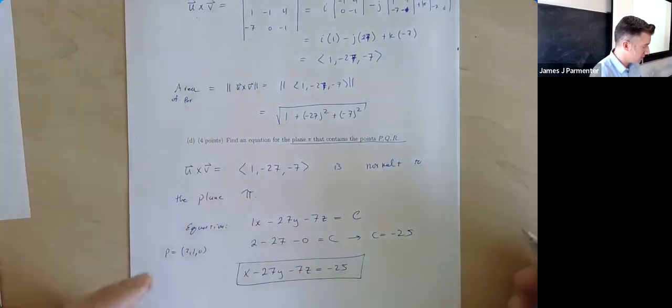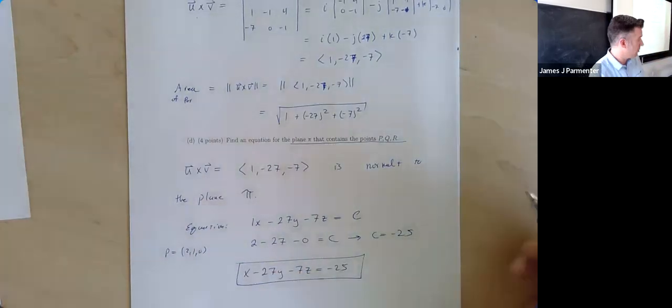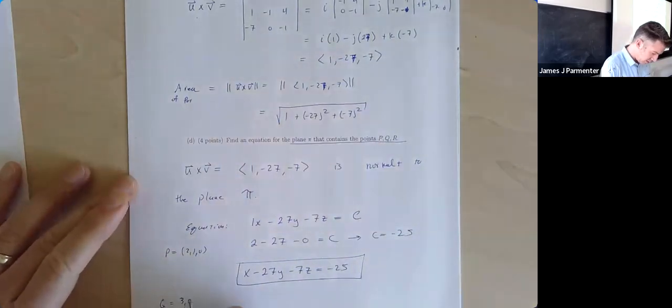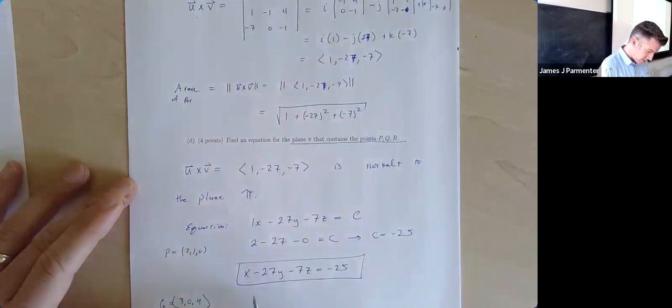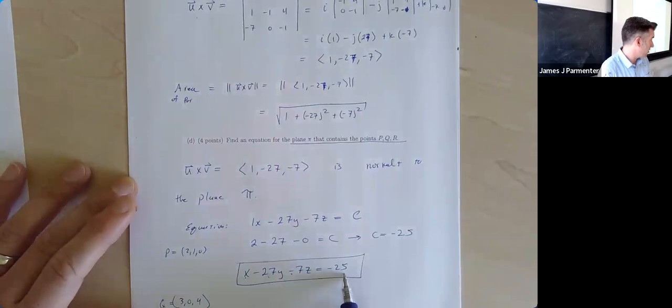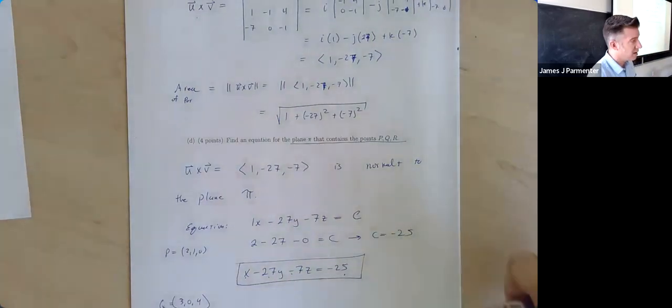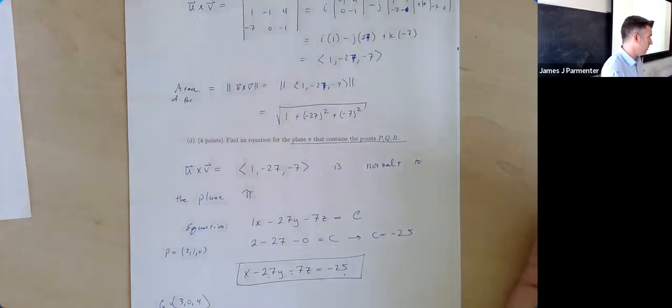If you're not sure about this, or you feel like you really need to check, we could check another point just to be sure. If I check Q equal to 3, 0, 4, that should work. So 3 minus 0 minus 28 is equal to negative 25. So that checks out. There are other ways of doing this, but this is the fastest way of doing it.